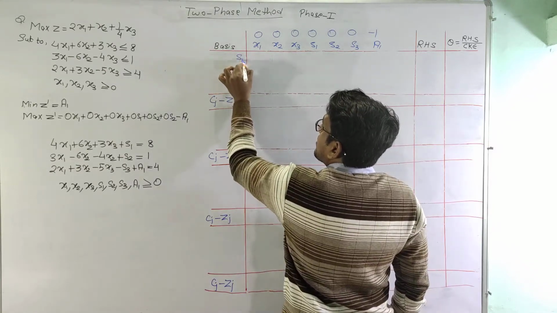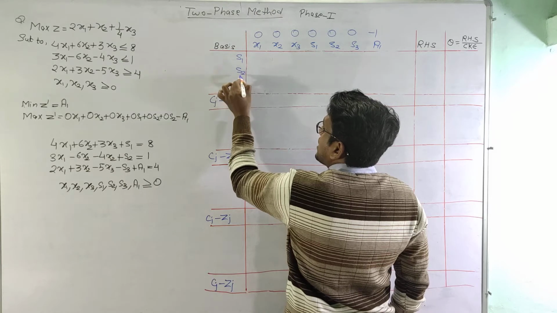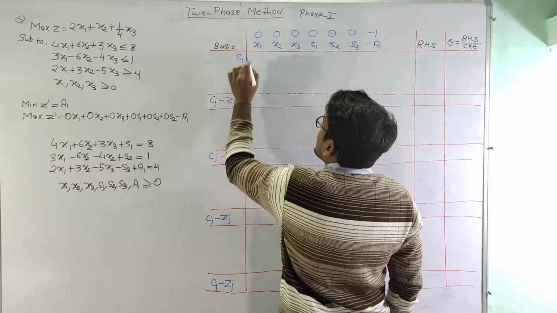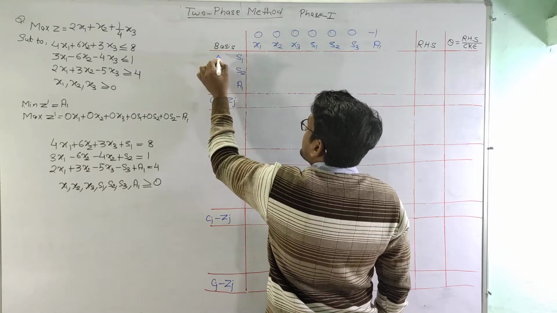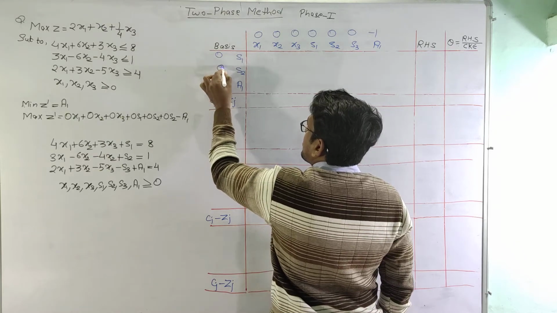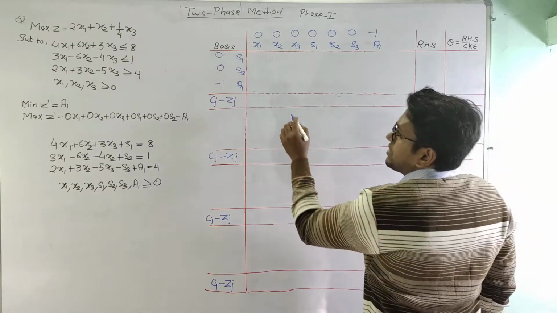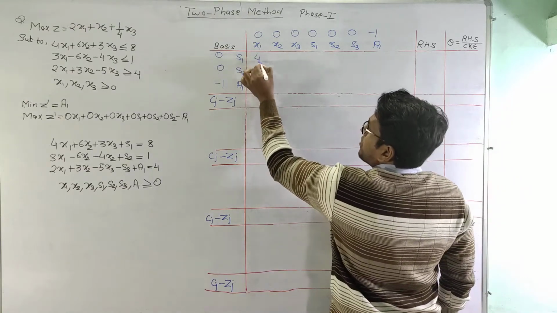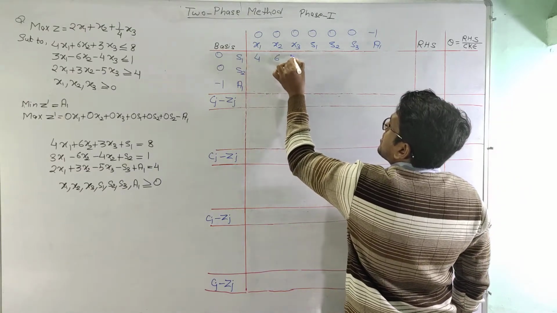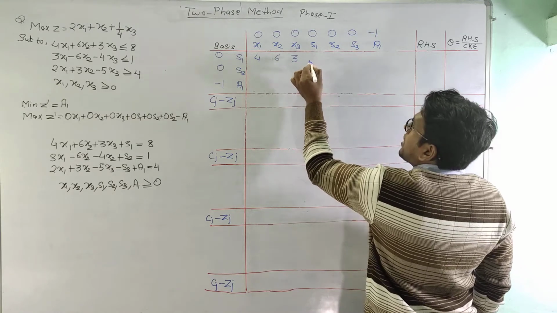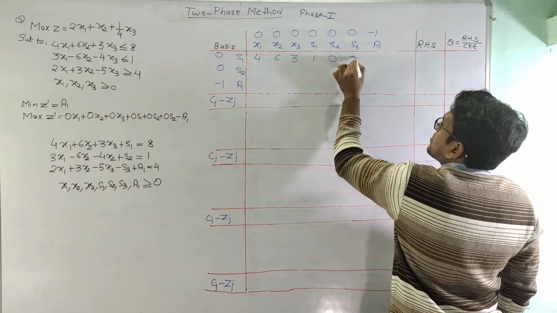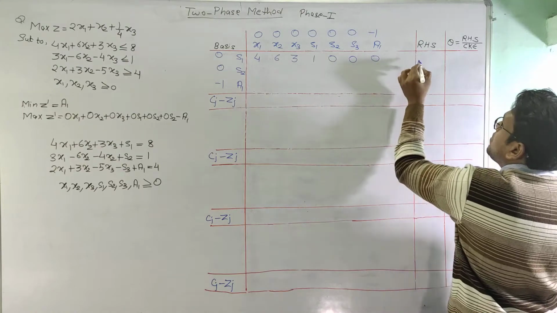So here s1, s2 and a1 with the artificial objective function coefficients as 0, 0 and minus 1. Now let us write the constraints coefficients: 4, 6, 3, 1, 0, 0, 0 equals 8.